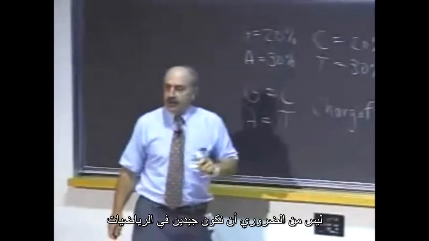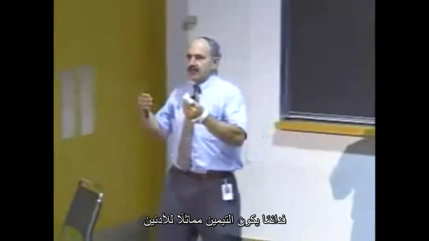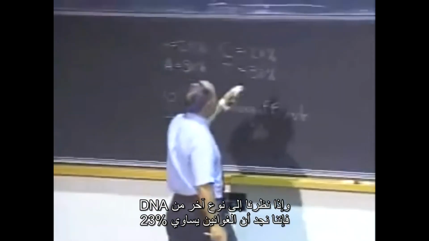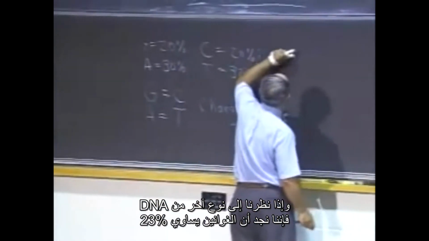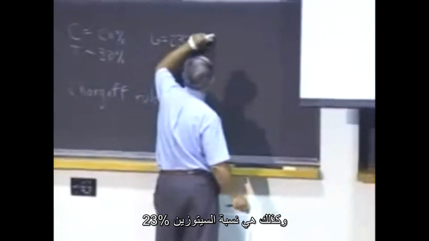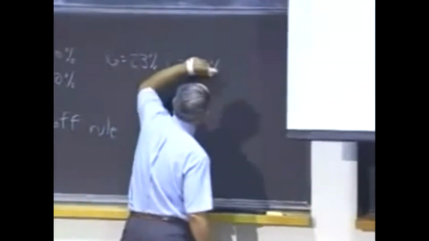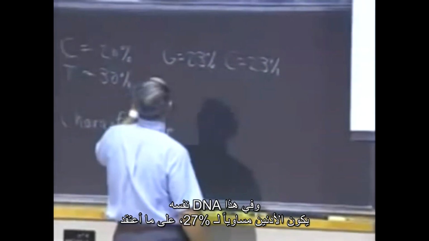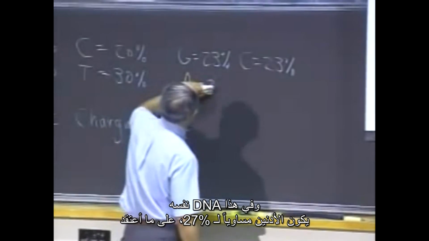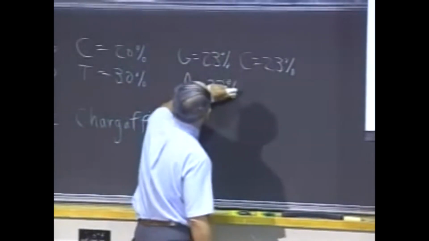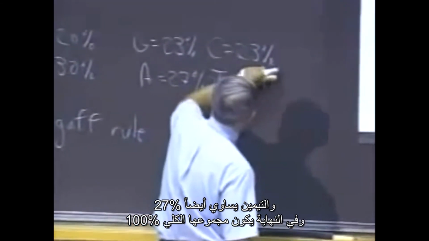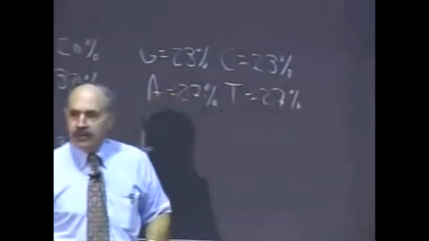A and T were always the same. If he looked at another type of DNA, he might find that G equals 23%, and C also equals 23%. And in this same DNA, then A would equal 27%, I guess, and T also equals 27%, and I hope that adds up to 100.